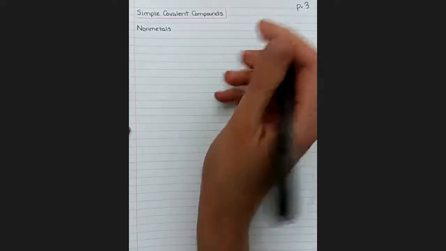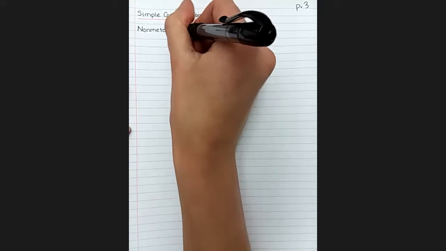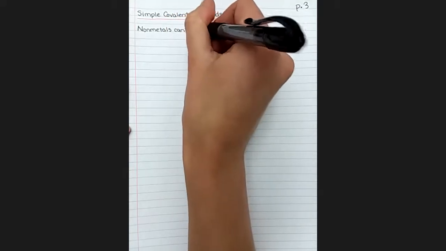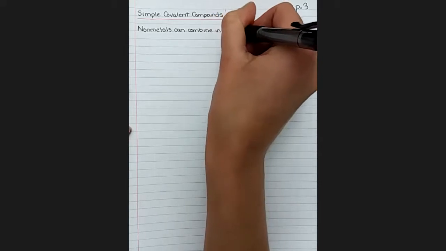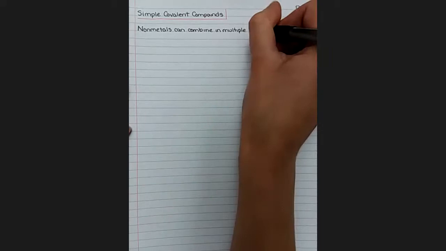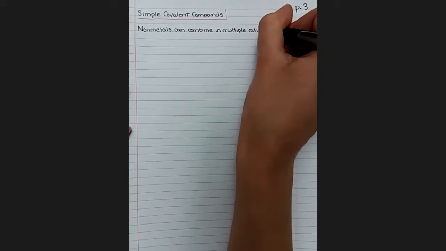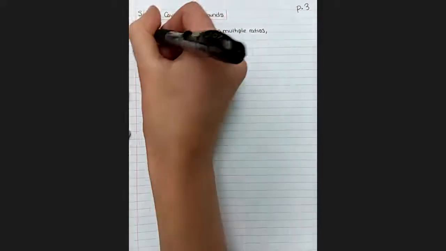Remember that covalent compounds are made up of all nonmetals. They don't have a metal and a nonmetal in these. And these nonmetals can combine with each other in multiple ratios. So when we had ions, they always had a fixed charge, and we could figure out what that ratio was, but there's multiple possible ratios for nonmetals.